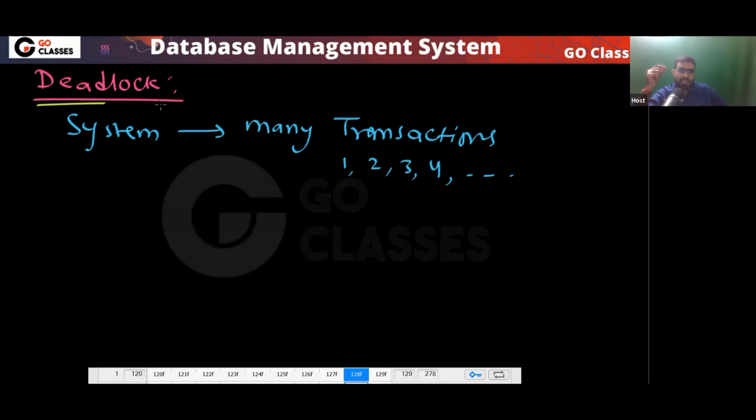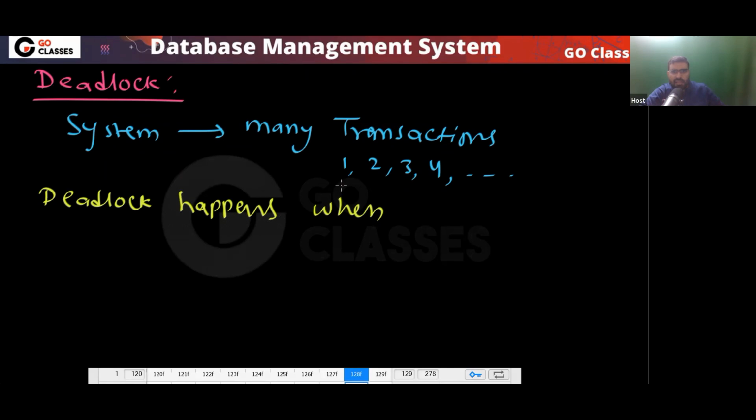Now, when can I say deadlock is there in this system? Deadlock happens when there exists a set of transactions.